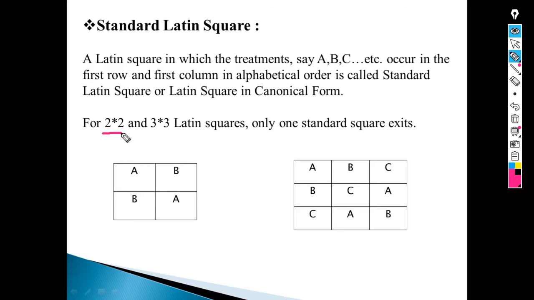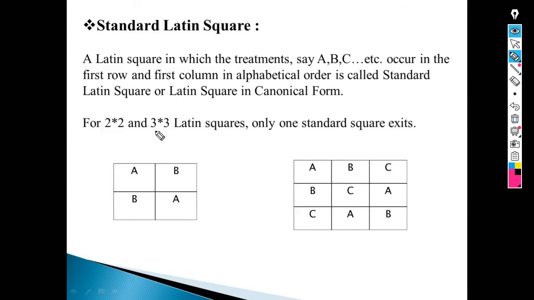Suppose we have treatment A and treatment B. So how do we get the standard Latin square here? We assign treatment A and treatment B alphabetically in the first row and treatment A and treatment B alphabetically in the first column, and the remaining plot is assigned A. So we get this standard Latin square for a 2 cross 2 Latin square.